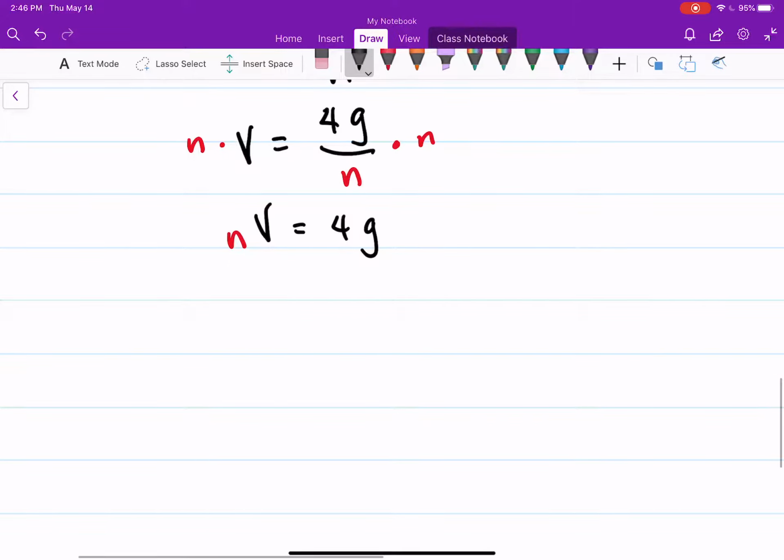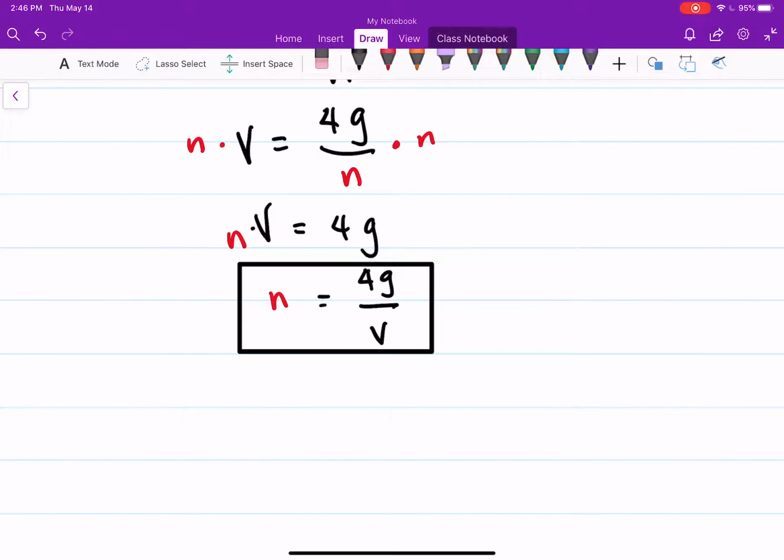Well, how do I get this n by itself? Divide off the v. So now I've got n is equal to 4g over v. And that's all.